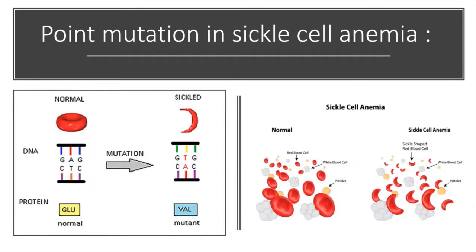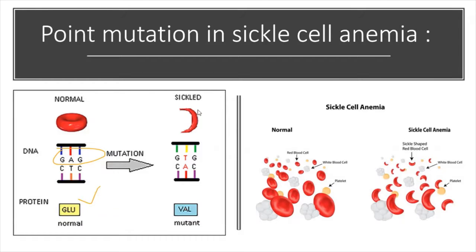We know that our red blood cells are round shaped, and the codon that is mutated in sickle cell anemia is GAG, which is the normal codon. In its complementary state there will be CTC, and the amino acid glutamic acid will be formed in the normal state.